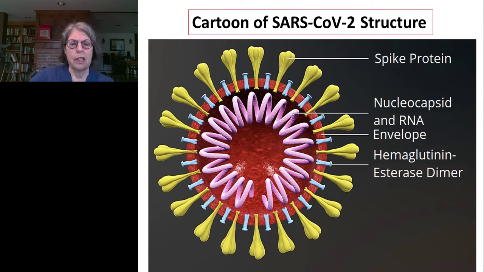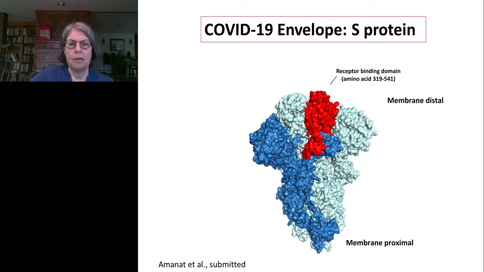So rather than a cartoon, this is a molecular diagram or molecular structure of the spike protein as a whole, with the receptor binding domain highlighted in red. In this slide, what you can see is that the spike protein is anchored in the membrane of the virus envelope, which is at the bottom of the slide.